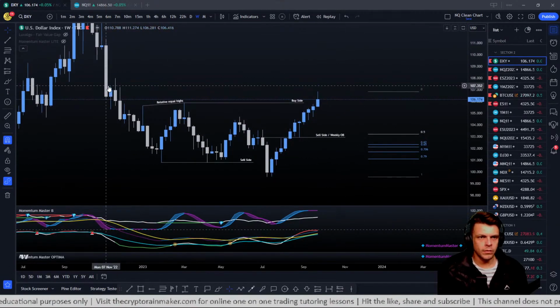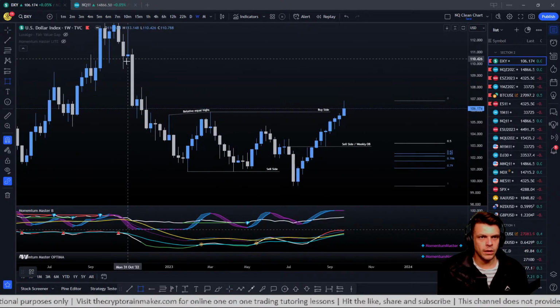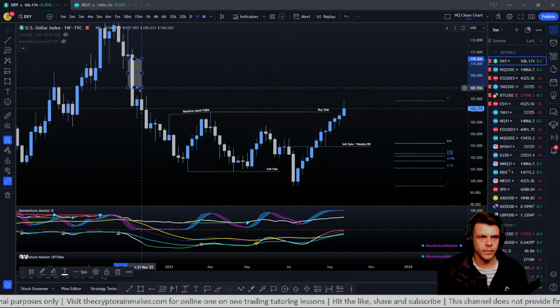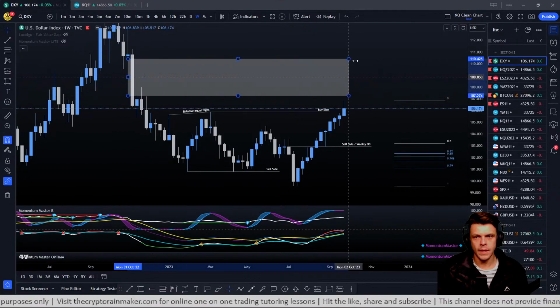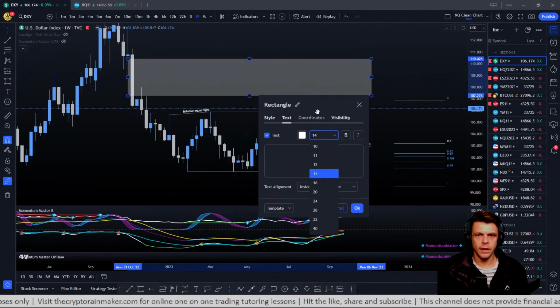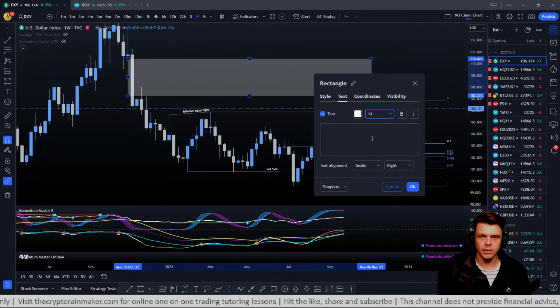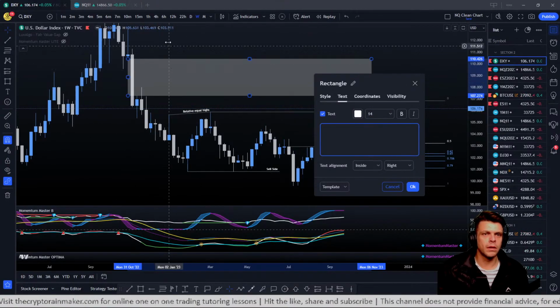Right here is an imbalance on the weekly. A bearish fair value gap is known as a SIBI, a sell side imbalance, meaning it offered more sell side than buy side.